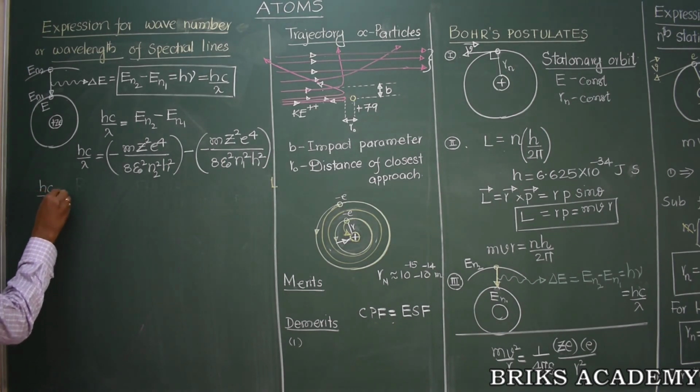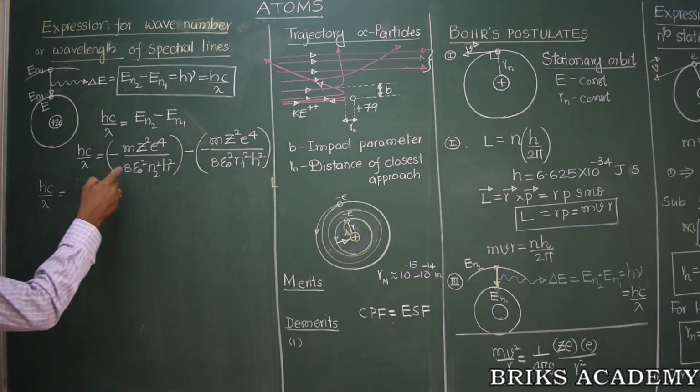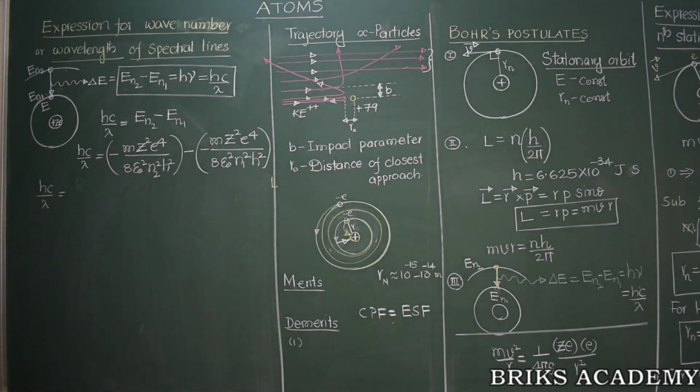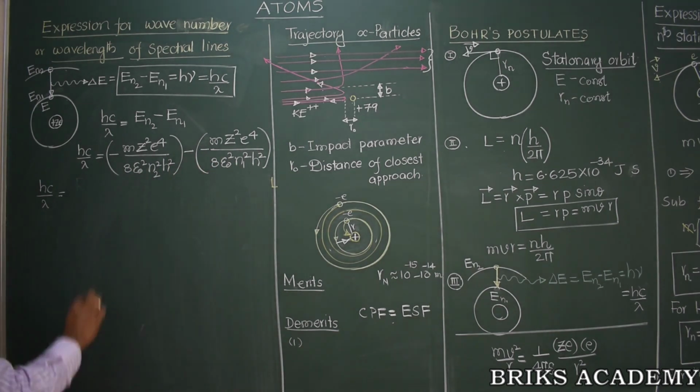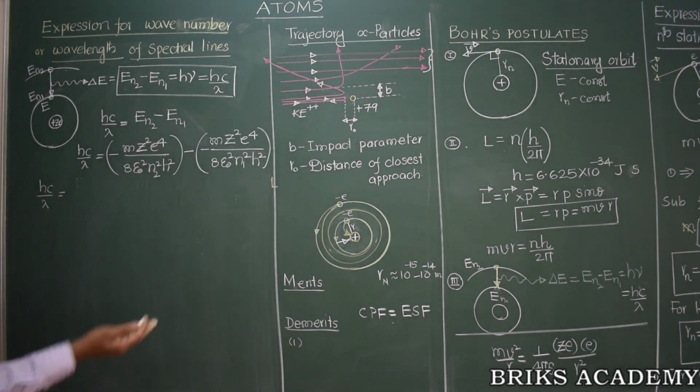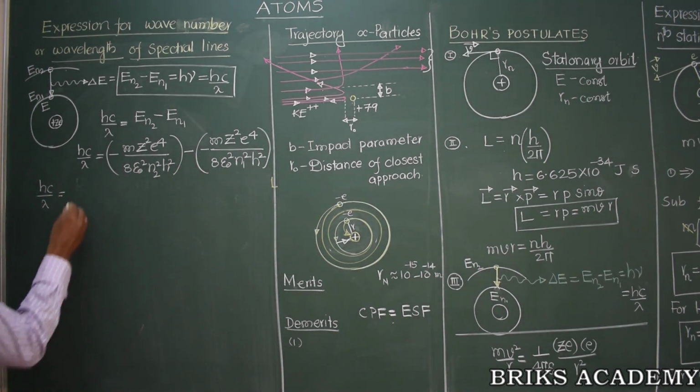hc by lambda is equal to, let us take the common terms. What is not common between these two terms is n2 and n1. Retaining those terms, the rest that is common can be taken out.